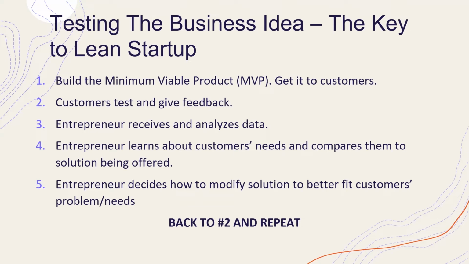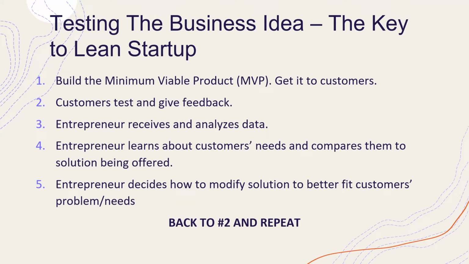So what we tell people to do is, when they start to conceptualize their business, is to build the minimum viable product, the MVP. That is something that is sometimes a website, sometimes it's just a prototype, maybe an app, or a drawing, or something to give people an idea of what they're anticipating bringing to market.